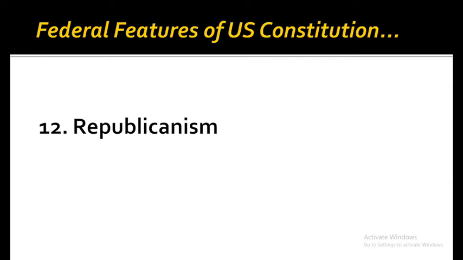The 12th point here is republicanism. United States has a republican form of government. In other words, the head of the state, that is the President of United States, is elected by the people. Not only at the center, but in each of the 50 states also, they have an elected head called the governor.